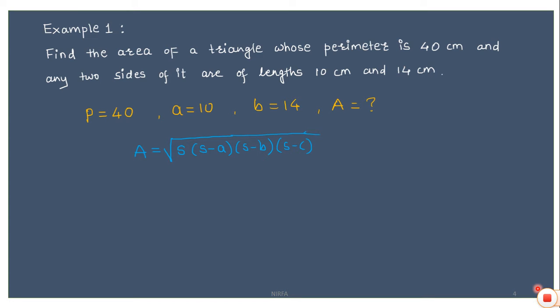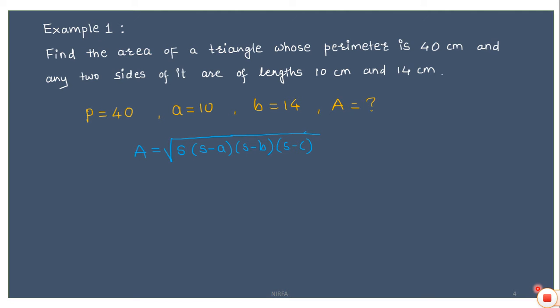But in this formula, we must know the values of S, A, B and C to get the area. S can be calculated from half of the perimeter. A and B are given in this example, and therefore the only issue is the value of C.